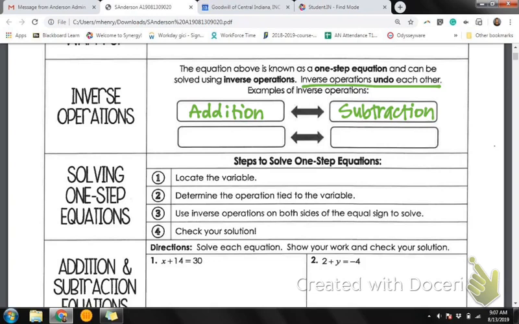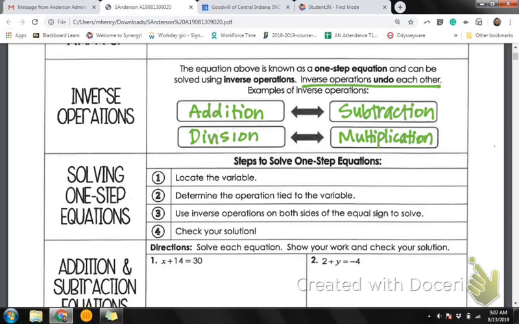What about the inverse operation of division? What undoes division? Multiplication. And vice versa. So it's important for us to remember these things, that addition and subtraction undo each other, and division and multiplication undo each other.